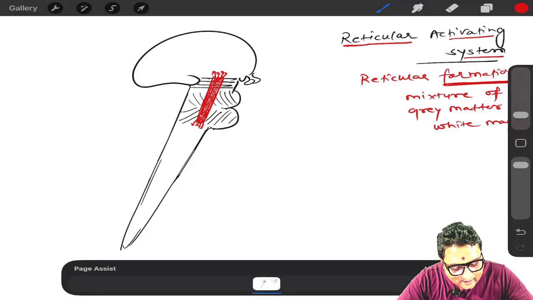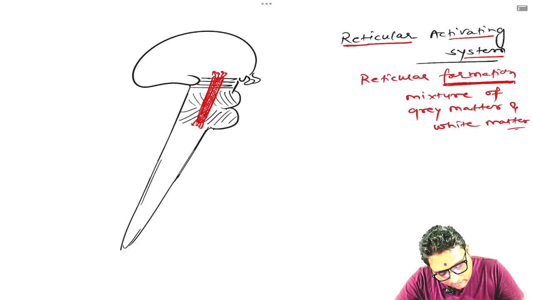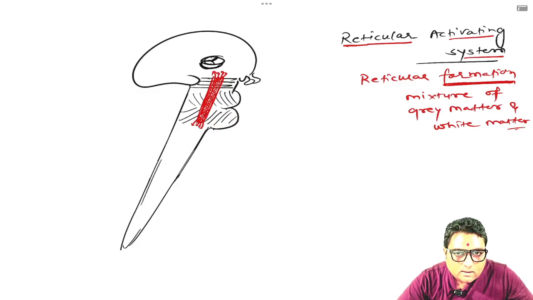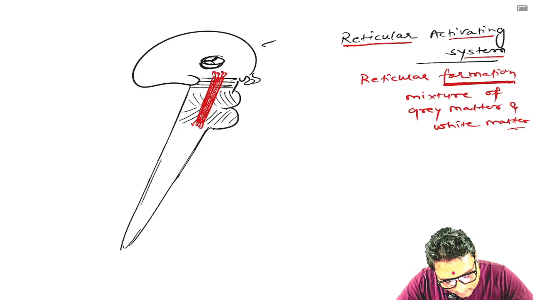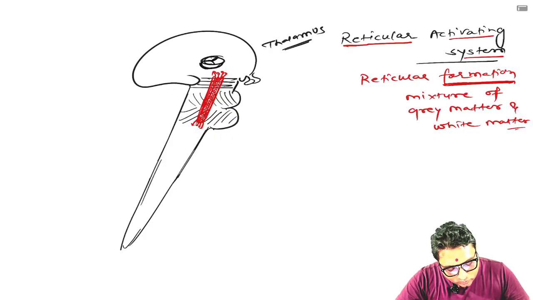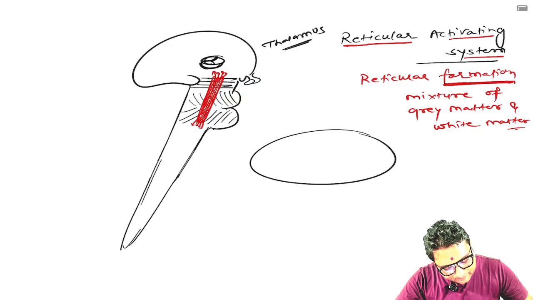Now these ascending fibers from the reticular formation pass through the relay center of the central nervous system, which is called the thalamus. Now if we zoom in on this thalamus in our body, it has a central Y-shaped gray matter.